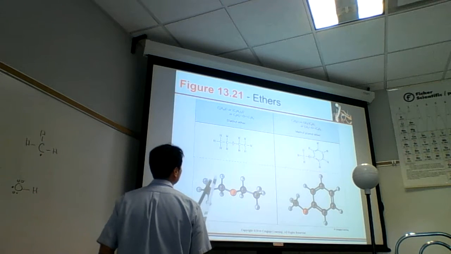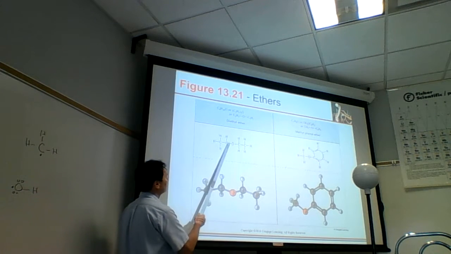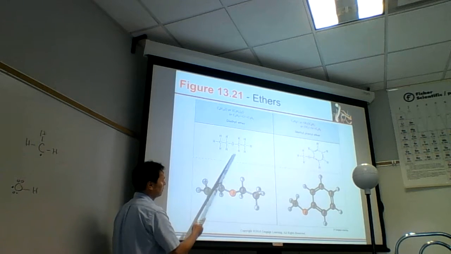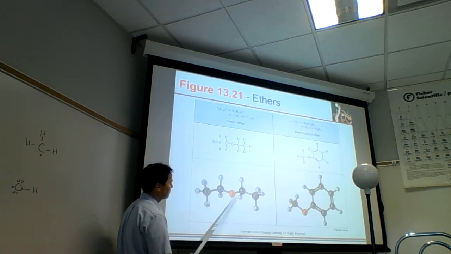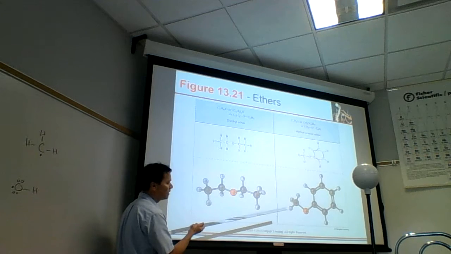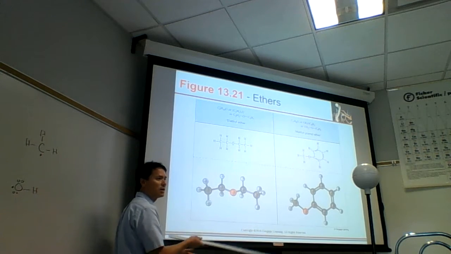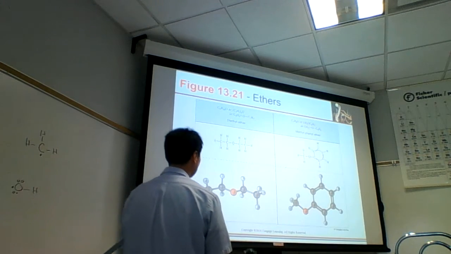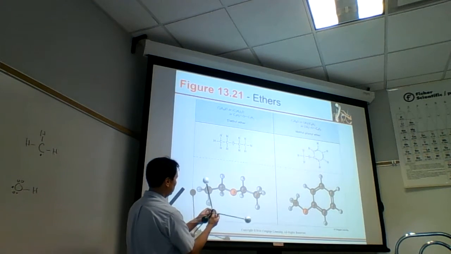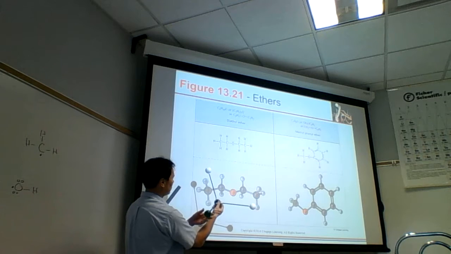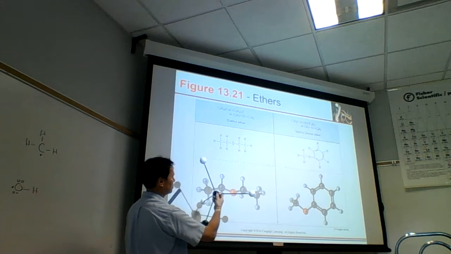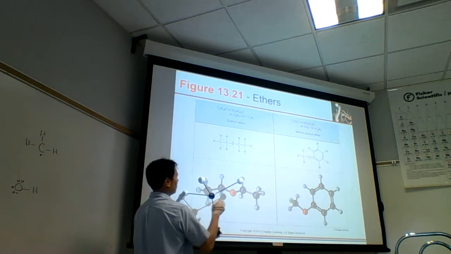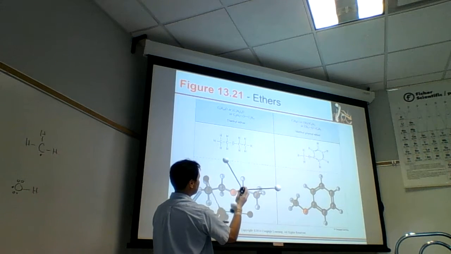What is this one called? Do you recognize this? This would be diethyl ether. Look like this. Here we set up the zigzag, but they tilted it a little bit. Do you see how they tilted it? Can you visualize that? I didn't want them to tilt it. I wanted them to draw it as is, but usually you put two in the plane, so we twist it, put two in the plane, like this. The end here. And then this one would zigzag out like this.